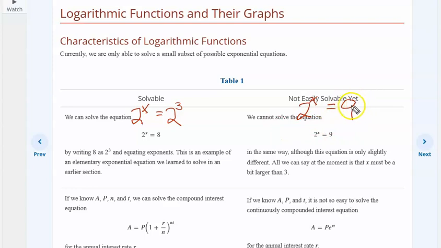There's no way that we're going to be able to get a base 2 out of a 9. So we can't use this rather easy technique to do it. So what the mathematicians in the past have developed is a system of logs, where we use logs to find this. And of course, that's what we're going to be doing in this lesson.